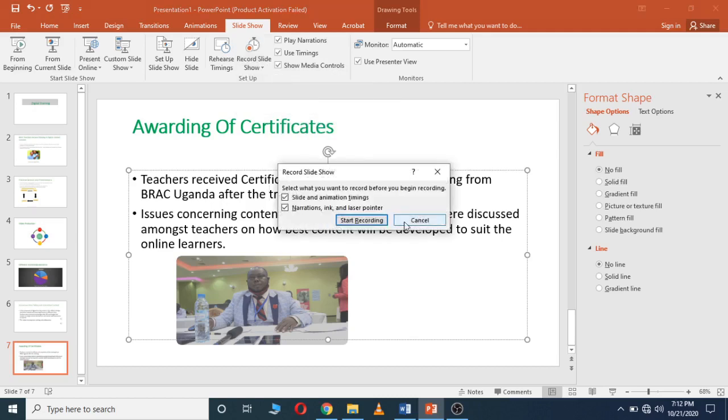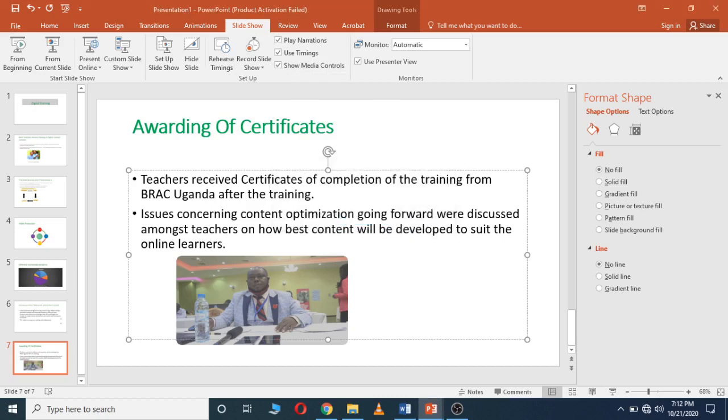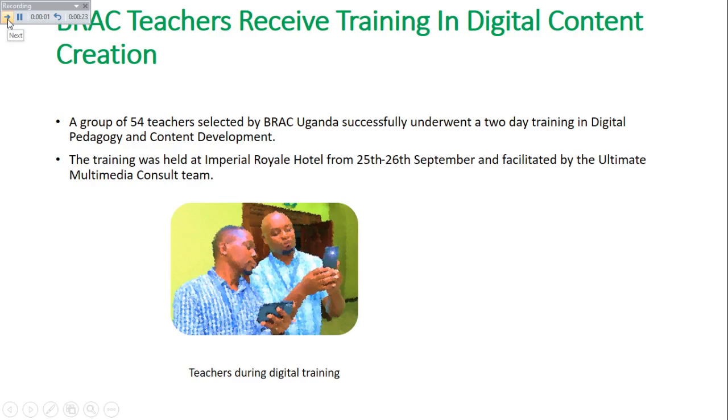Let's see. If I want to start recording from the beginning, you click on it, and so your slides will start to be recorded here. For example, this is the first slide, and you go on to the next one, it will be recorded as well.